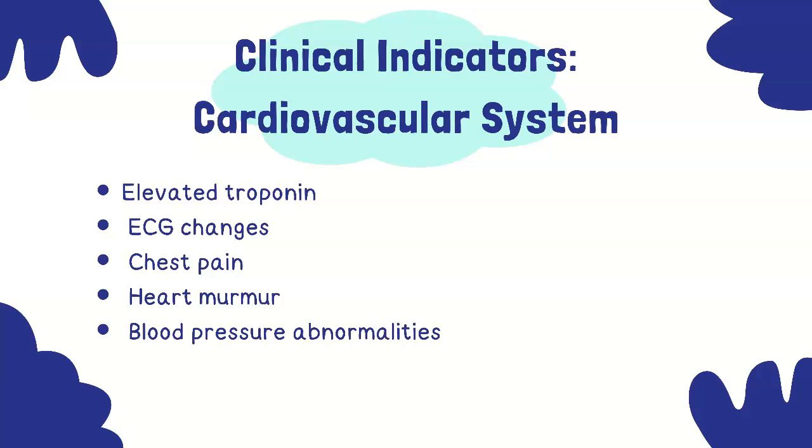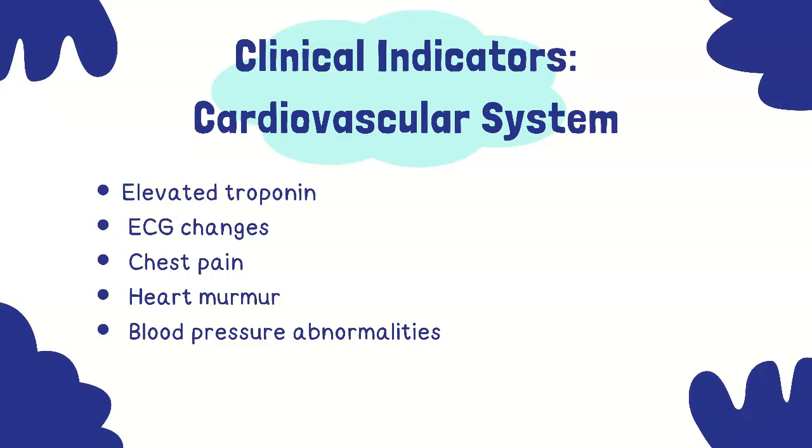All right, so elevated troponin, that's a blood test, is a marker of myocardial infarction, like a heart attack. EKG, ECG changes such as ST elevation, ST depression, point to an acute coronary syndrome. So you know how we have some codes that say STEMI and non-STEMI. That's what that's talking about.